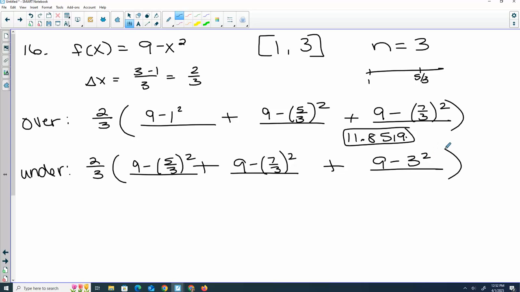So we ended at our other endpoint. And if you do that, you get 6.518. Is that okay?